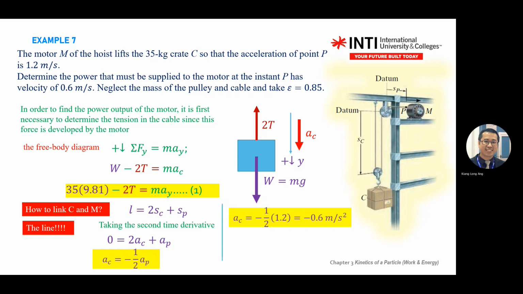You substitute the value for P, because in the question you want to focus on an individual point, which is when the acceleration is 1.2 meter over second square. Again, there's a typo mistake in example 7. This 1.2 is acceleration, not velocity. So you get AC, and you substitute back into equation 1.